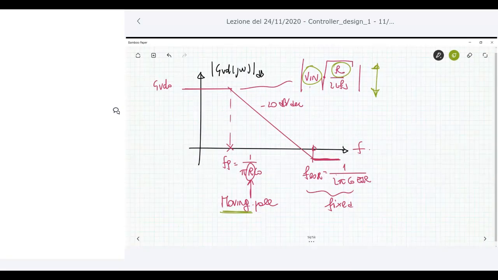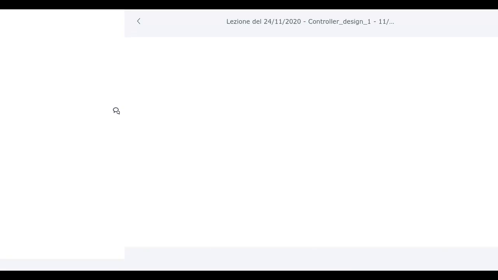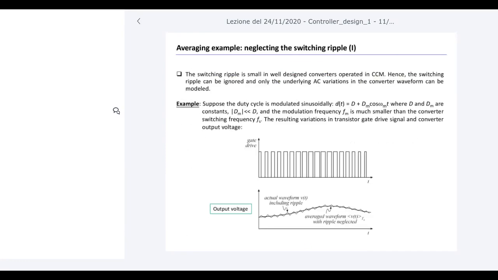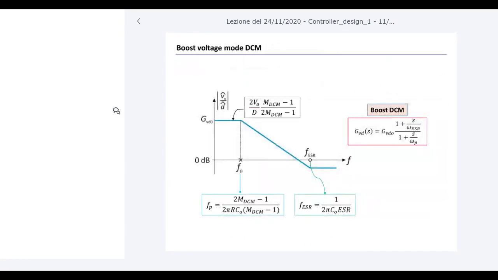What happens, for example, in the boost DCM? For the boost DCM, which is another important converter, let me show here. The boost DCM has the same transfer function GVD as the buck boost, so just 1 pole and 1 zero, and a gain. Okay, the same description you have for the buck boost applies also for the boost DCM.